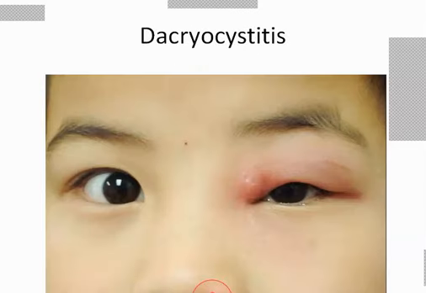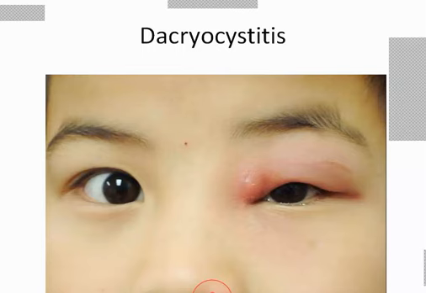See, this is dacryocystitis. You can see predominantly the nasal region of the left eye, or for you it may be the right eye, there's a small saccular swelling at the medial canthus.